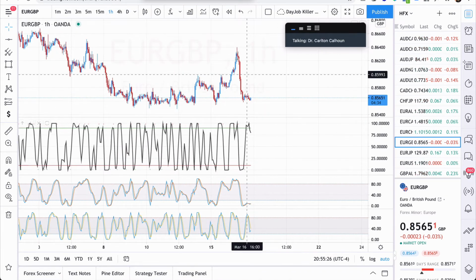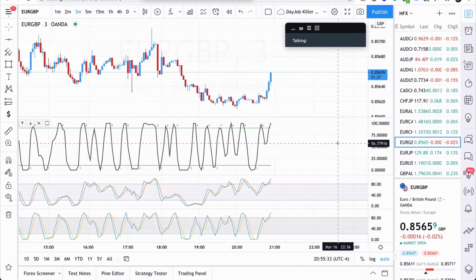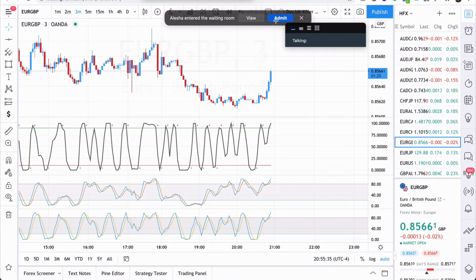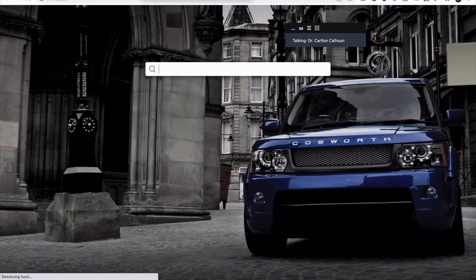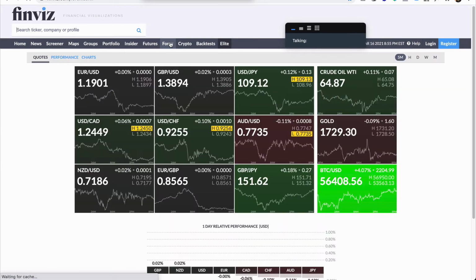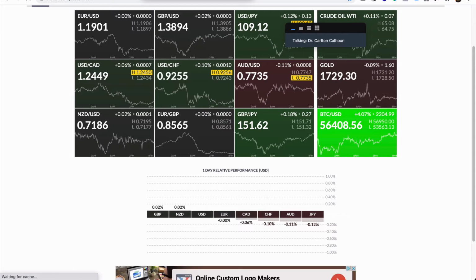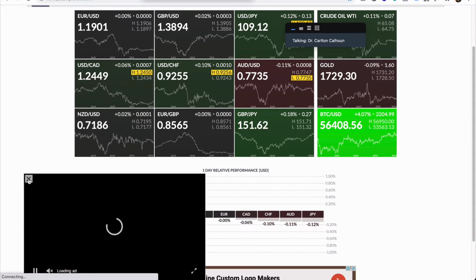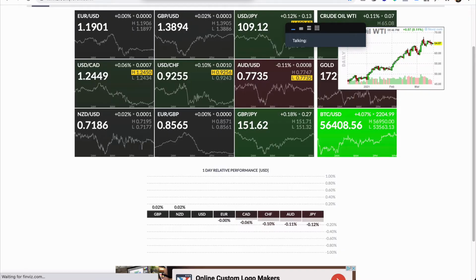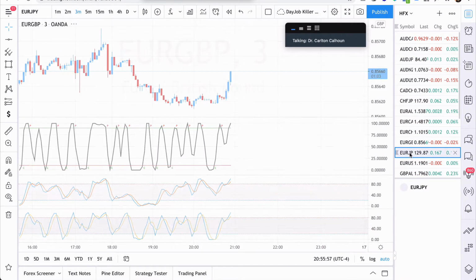Yep, we're in the downtrend, so potential put makes sense. Let's look at the currency strength meter. Okay, everything is roughly the same, so there is no dominant pair really. So calls or puts make sense. That's the EUR GBP.